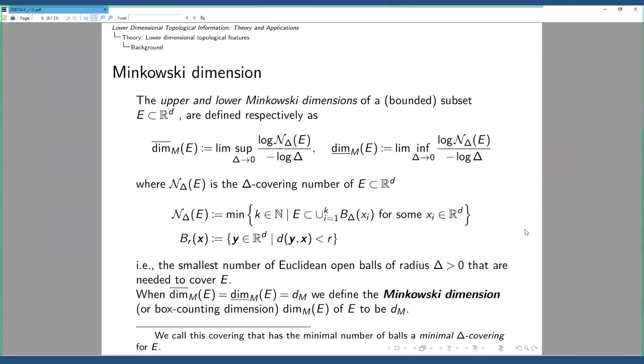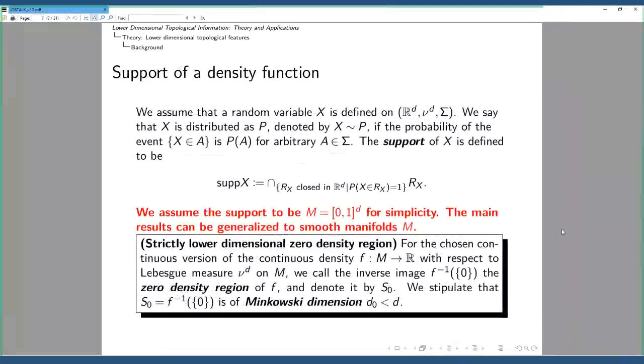And then next, since we're studying the support of a probability density function, we also need the definition of what we mean by support. This is pretty classical. It's just the intersection of all the closed sets over which the probability density function has probability mass 1. However, to simplify the question a little, we assume the support to be the d-dimensional unit hypercube in our following discussion.